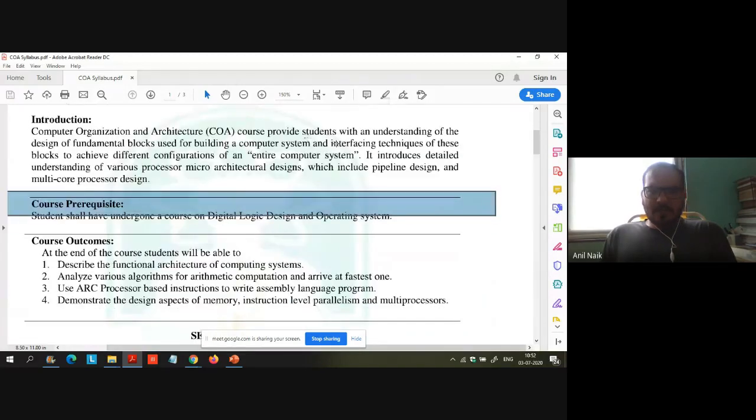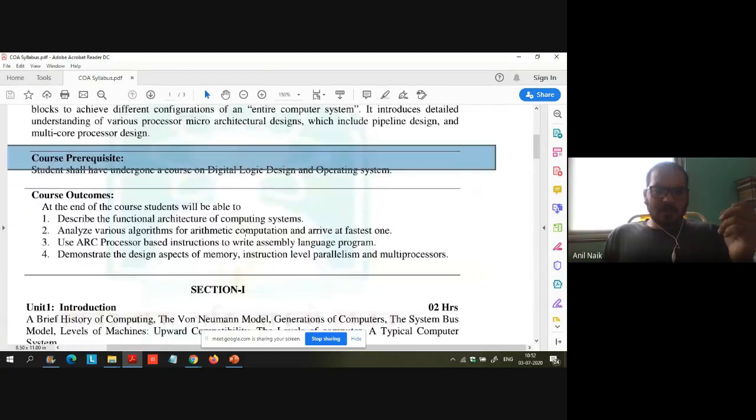Here you will understand the fundamental blocks of building the computer system, and interfacing techniques of these blocks to achieve different configurations of the entire computer system. At the end of this course, you will describe the functional architecture of the computer system.